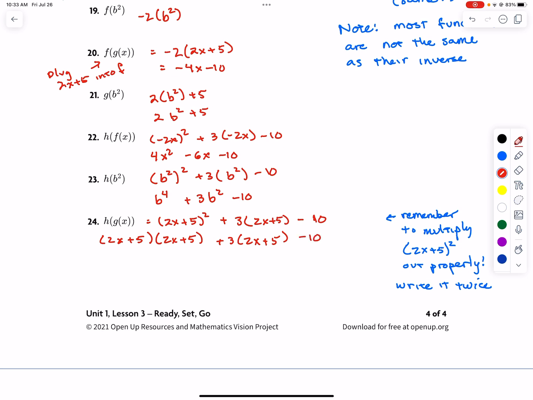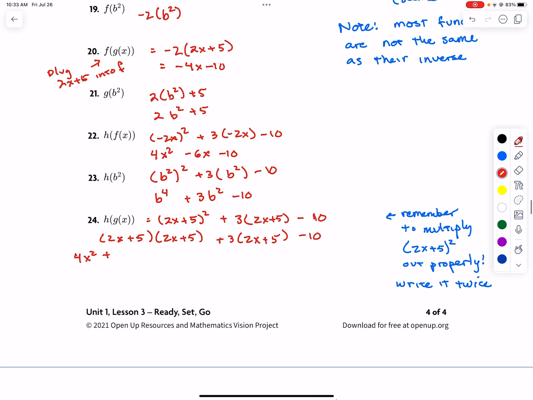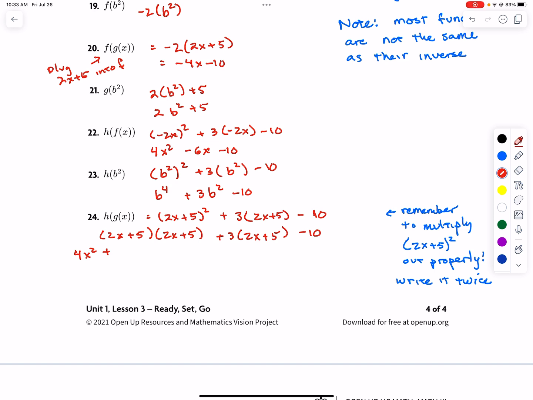Okay, start FOILing. I want you to get used to just, most of the time, the beginning and end multiply to, you can add them together. So I've got a 10x and another 10x. That's 20x. It saves a lot of time if you, most of the time, just learn to FOIL by combining the middle terms in your head.